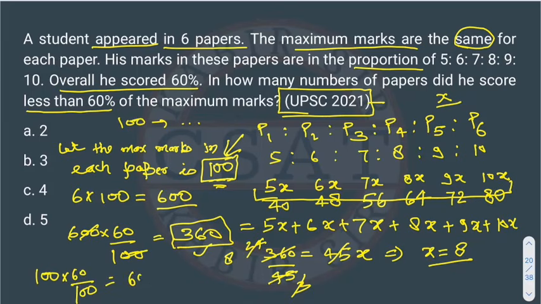Its 60% will be 60 only, right? So the question is asking, in how many papers he is scoring less than 60 marks. So in paper 1 he is scoring less than 60 marks, in paper 2 also, and in paper 3 also. Paper 4 he is scoring more than 60, here also he is scoring more than 60, and here also. But we have to find out in which papers he is scoring less than 60. So in papers 1st, 2nd and 3rd he is scoring less than 60. So we have to tell in how many papers?